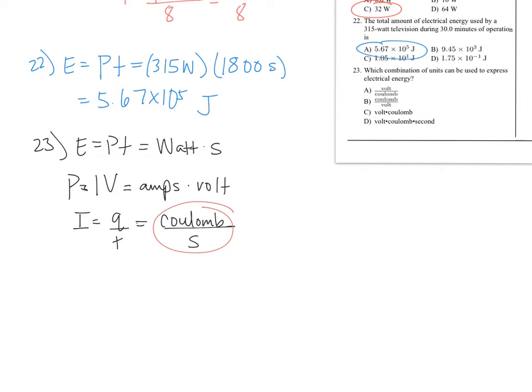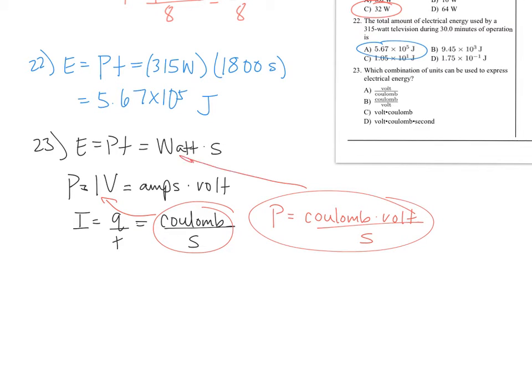Alright, so let's plug these back in. We're going to take this, put it over here, which is equal to amps. Alright, so power is equal to Coulomb times volt over second. And we're going to take this, P, and put it over here.